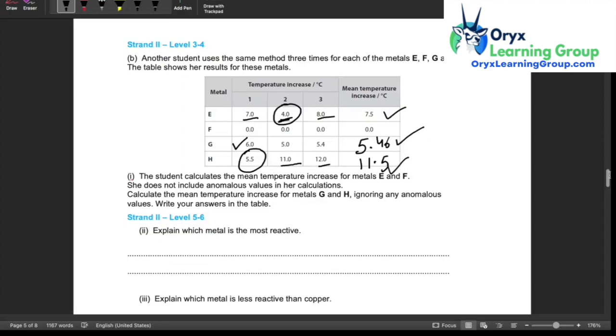I would say E because the temperature increased the most in each interval. Okay, you say E or H? H. Okay. Anybody with a different view?